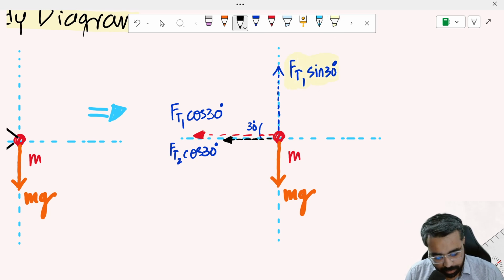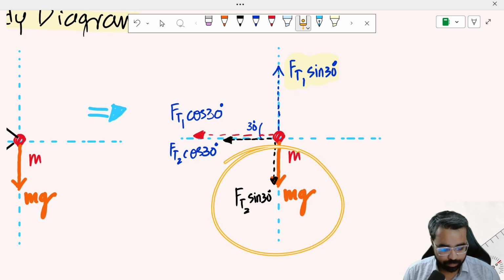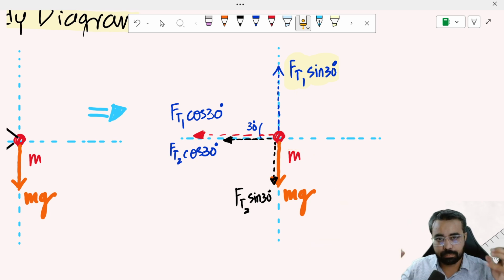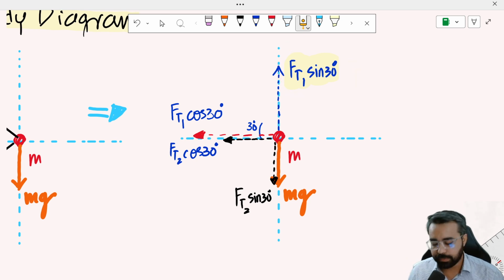Because if you draw the second vector component downward, that is FT2 sine 30, you see that in the vertical downward direction the two forces combine with each other because they are in the same direction, and they are equal to this force which is directed upward. That's why I was telling you that there is no resultant force along the y-axis, because the forces are balanced.